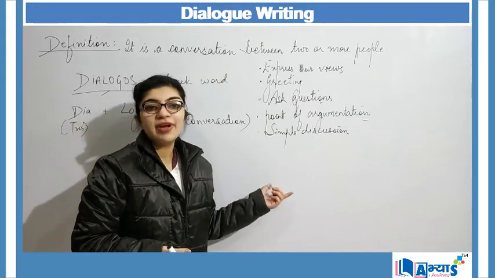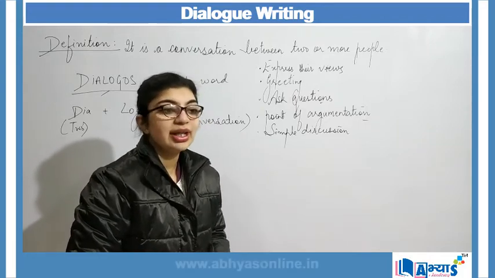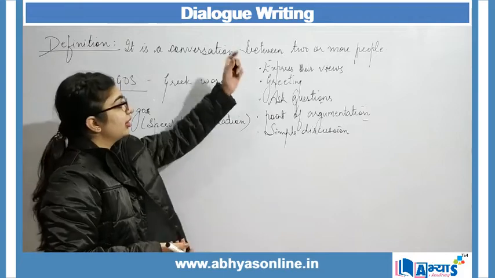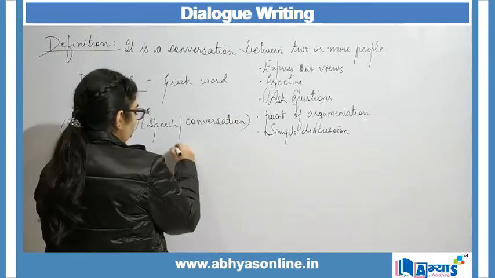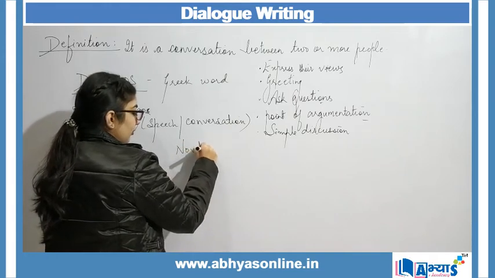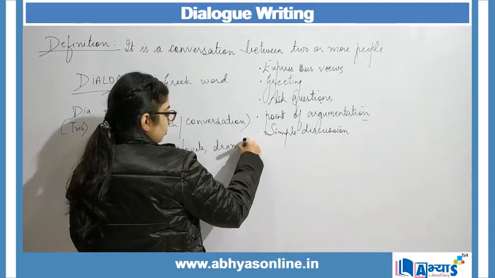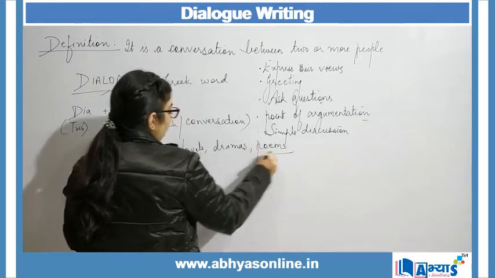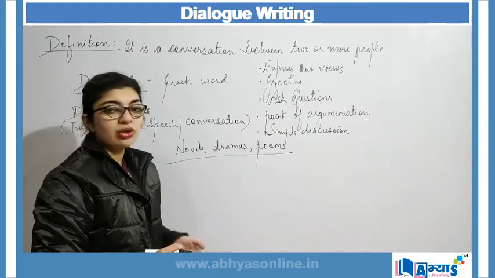Now dialogue writing is a very important part in the areas where dialogues are exchanged. Dialogues are basically exchanged in novels, in dramas, in poems. And why do we actually make use of dialogue writing?